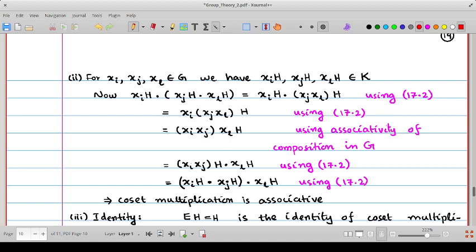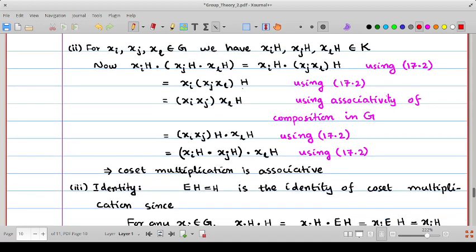But then again, using the property of coset multiplication, I can write this as XiXj times H dot XlH, where this dot represents the coset multiplication. And on the left hand side, this can now be written as XiH dot XjH dot XlH. And now this is equal to this. Therefore, the coset multiplication represented by this dot is associative.